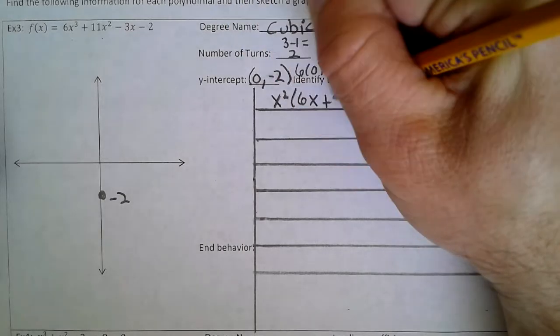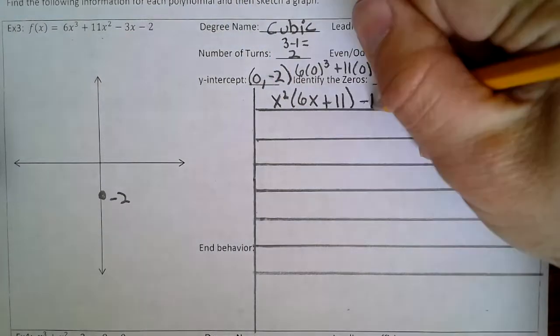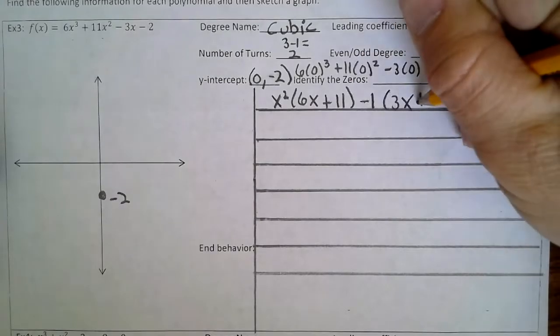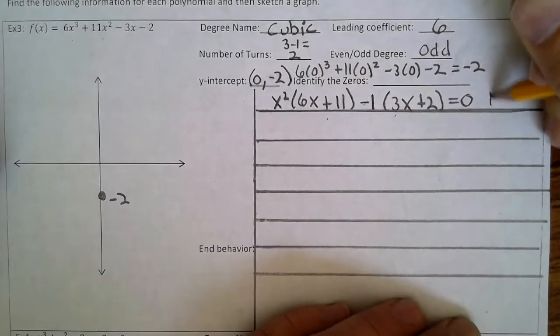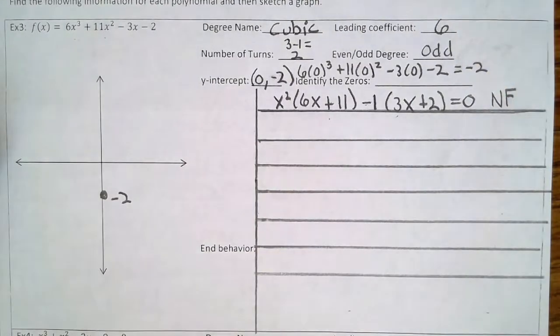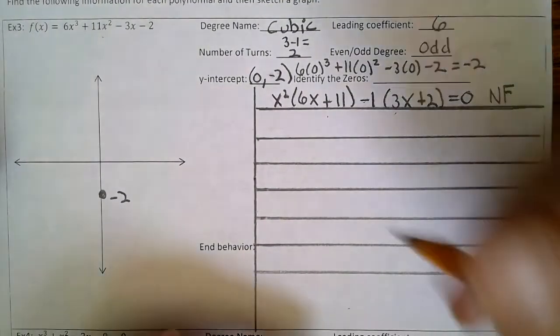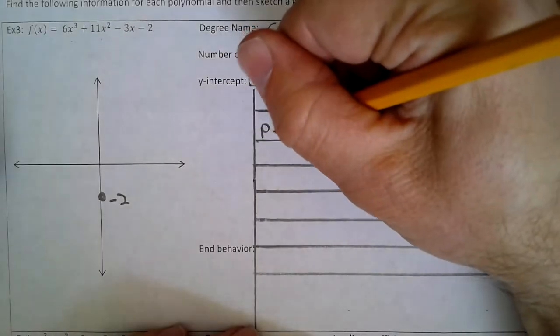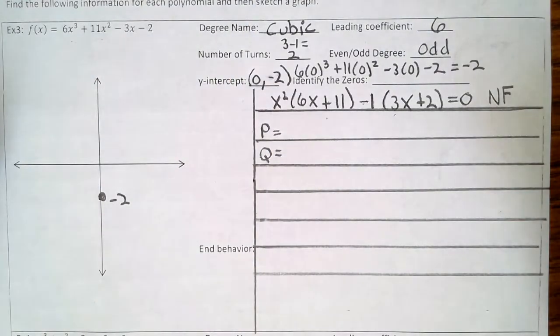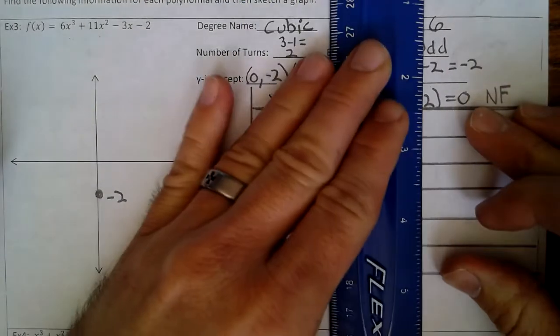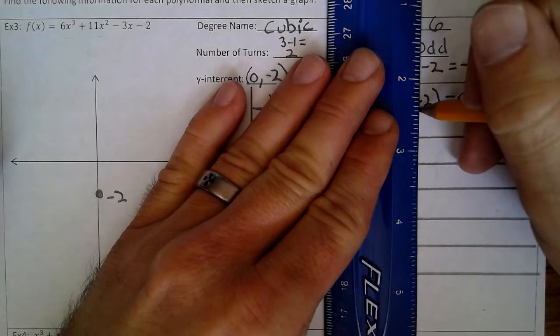These are not the same, so it's not factorable. So we need to do p divided by q, and leave space for the synthetic division. Okay, so p is negative 2, and q is 6.